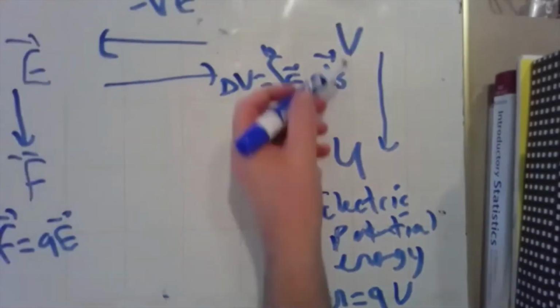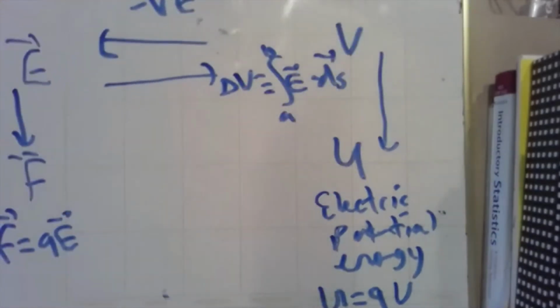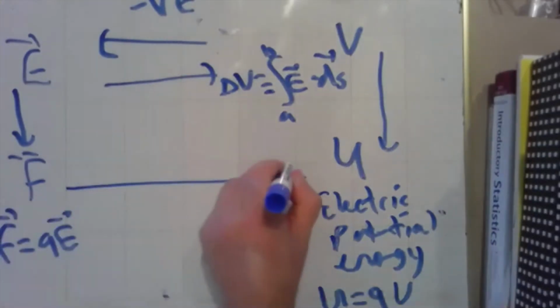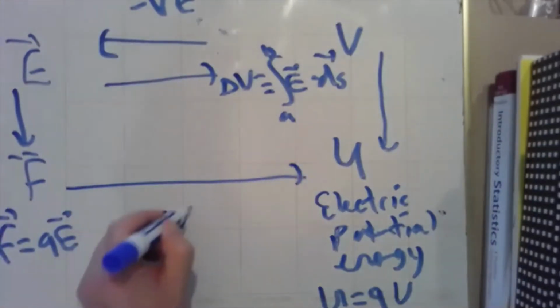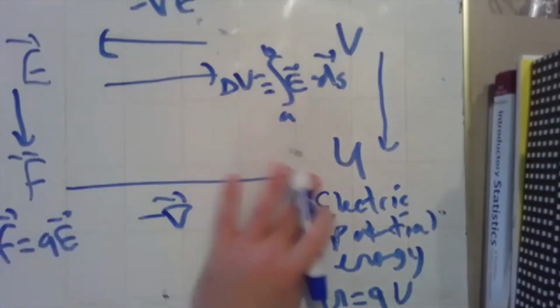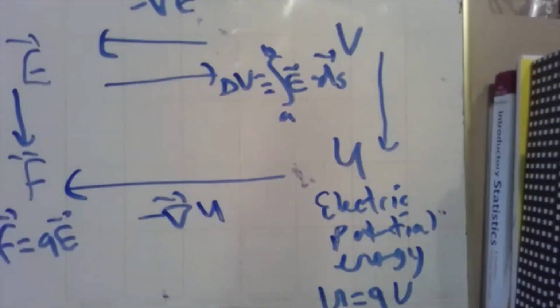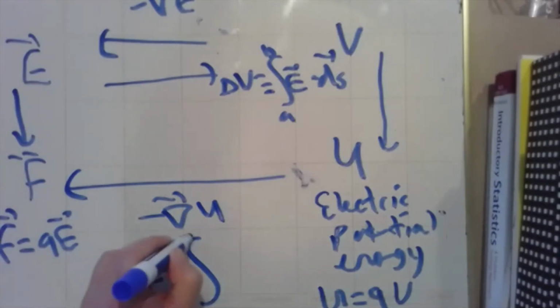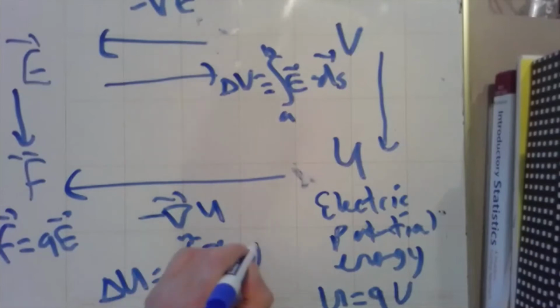So V is the energy per unit charge, and I get the same equations here: F is the negative gradient of U, or change in U is the negative integral from point A to B of F dot ds.